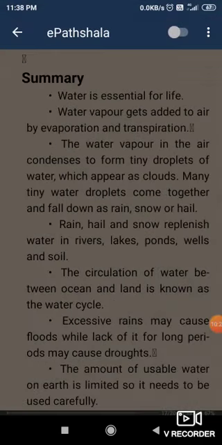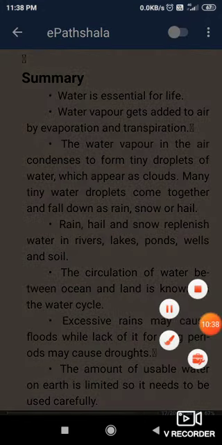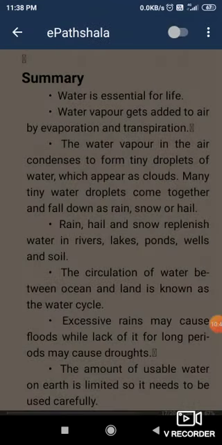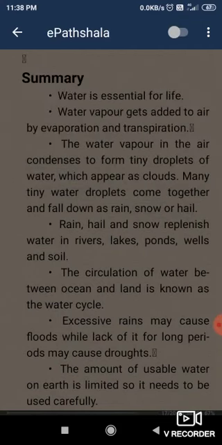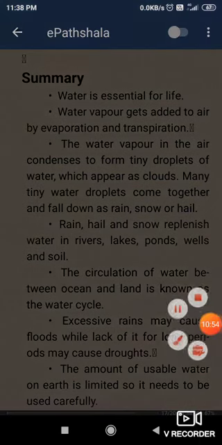So students, the things which we learned in this chapter are: water is essential for life. Water vapor gets added to air by evaporation and transpiration. The water vapor in the air condenses to form tiny droplets of water which appear as clouds. Many tiny water droplets come together and fall down as rain, snow, and or hail.